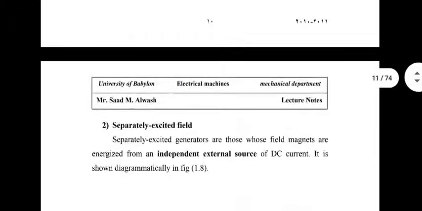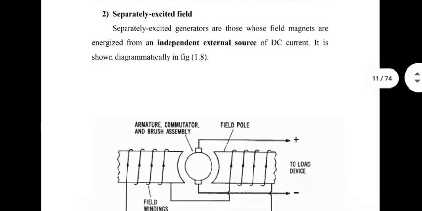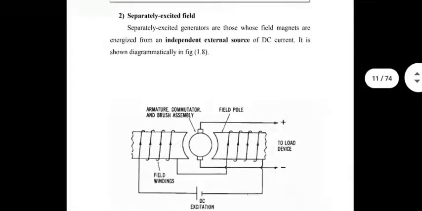So for large machines, the field winding connection to the armature winding matters. If the field winding is not connected to armature winding at all and it is being fed independently, then we have what we call separately excited generator or separately excited machine. Because for motor also same thing happens.